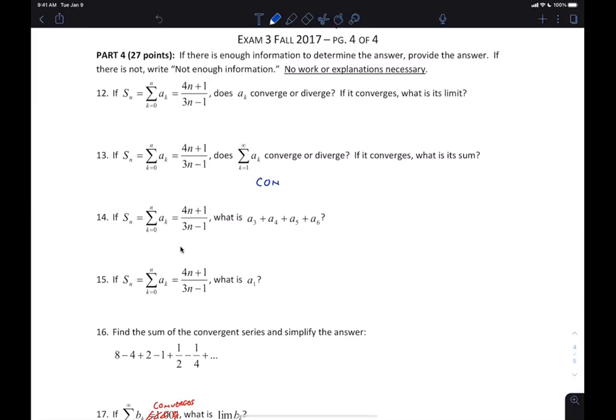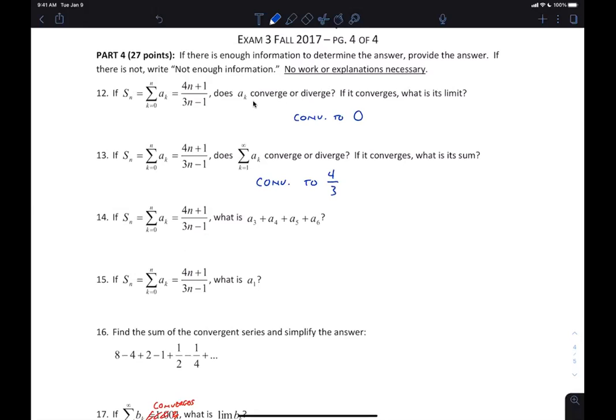So that's number 13. Now, because the series converges at all, this sequence must converge to 0, because if it did not, the series would have diverged. Does that make sense to everybody?